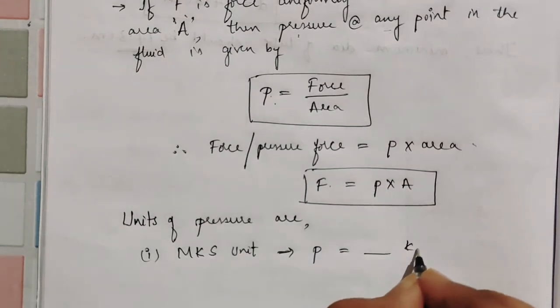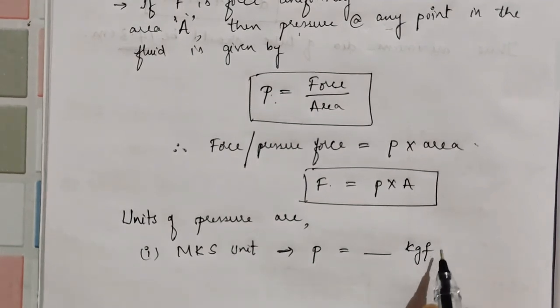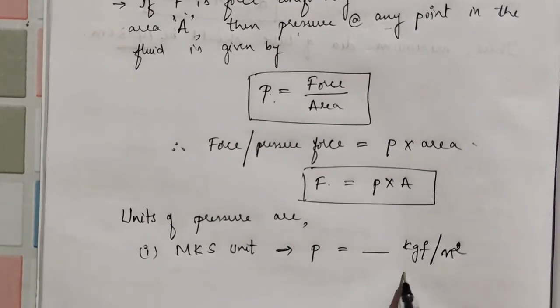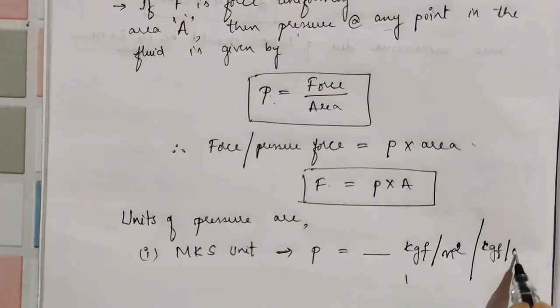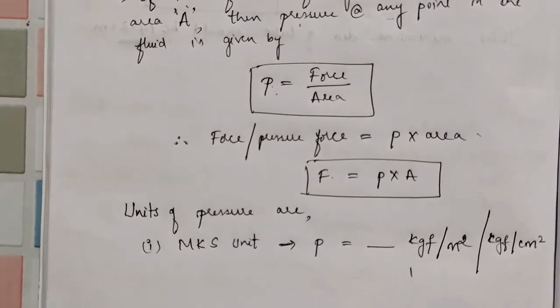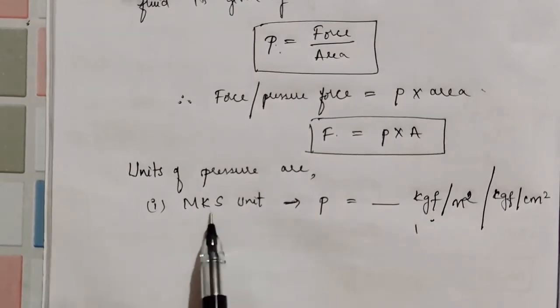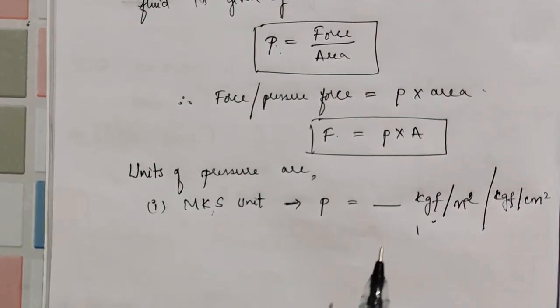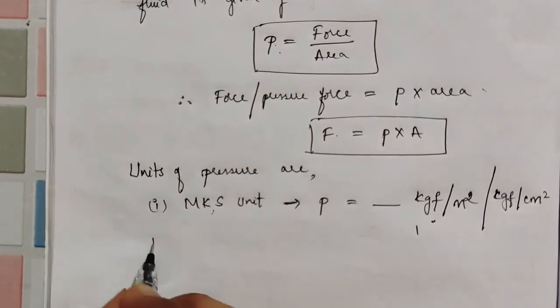The unit of pressure will be kgf per meter square or kgf per centimeter square. It is the unit of pressure in MKS unit. So kgf per meter square is the unit of pressure in MKS unit.